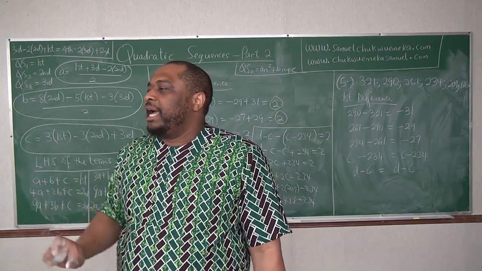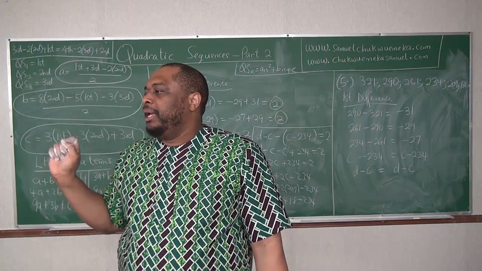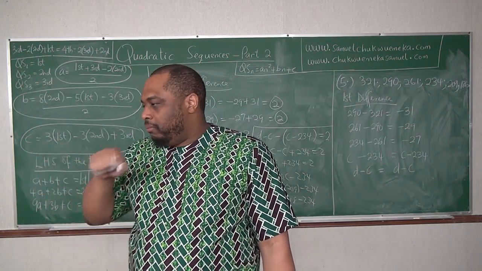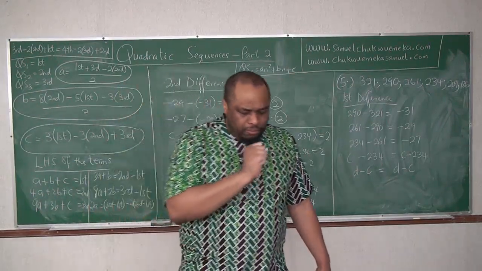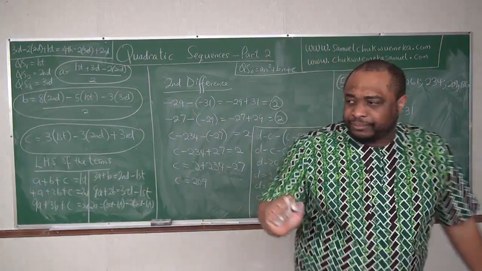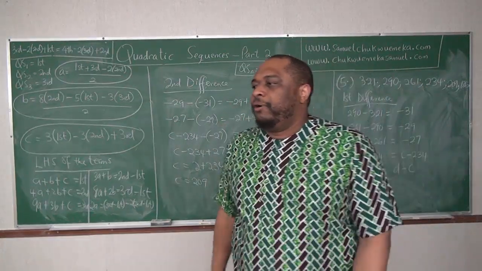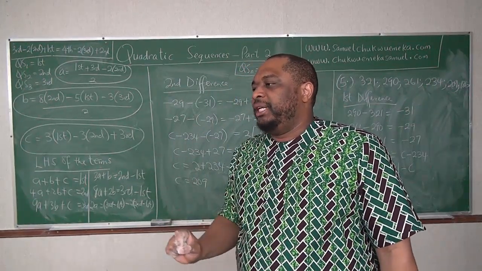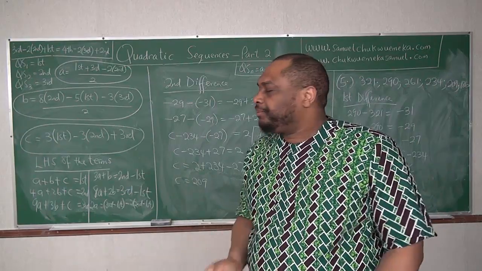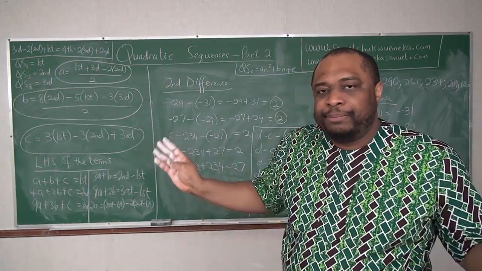Determine the general term of the sequence in the form T subscript N equal to an squared plus bn plus c. We are going to use what they used. That's no problem.